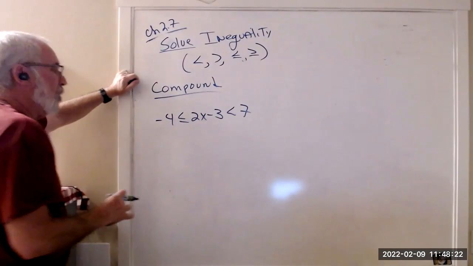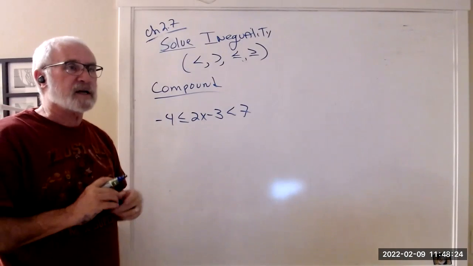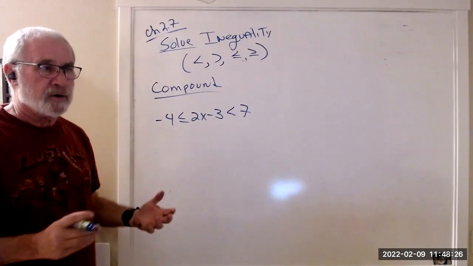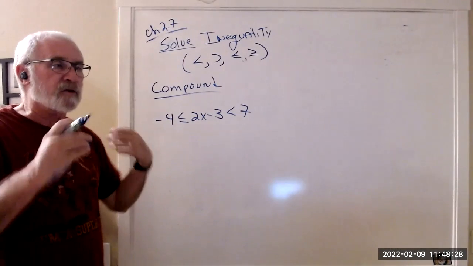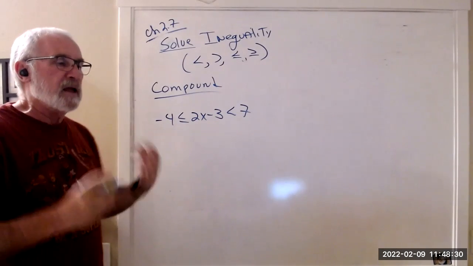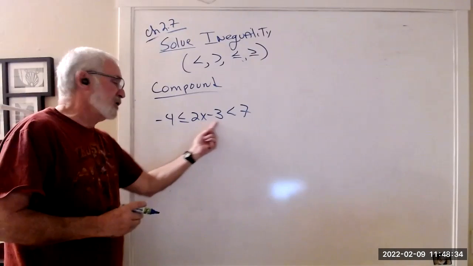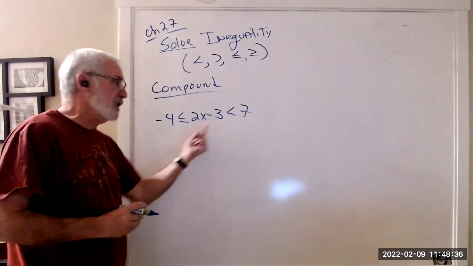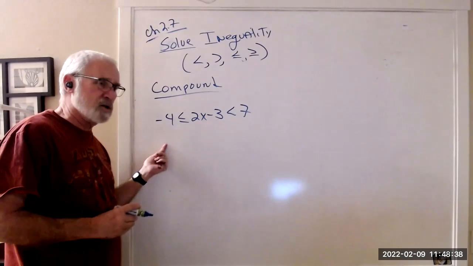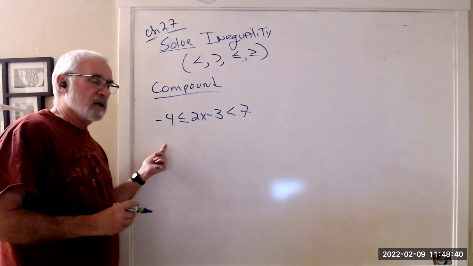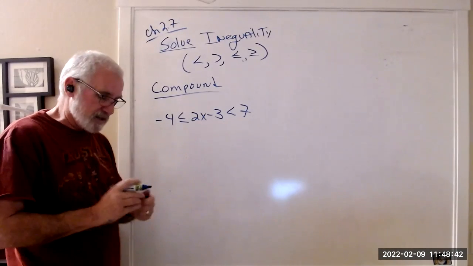Super easy. Again, the question was asked, when you're doing an inequality, how do you know when you're done? When x is by itself. In this problem, we want to get the x alone. It's in the middle of the problem.